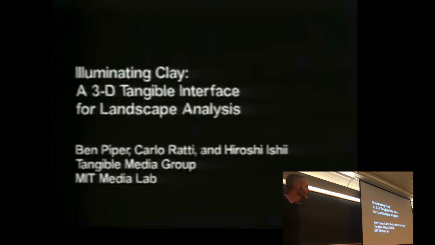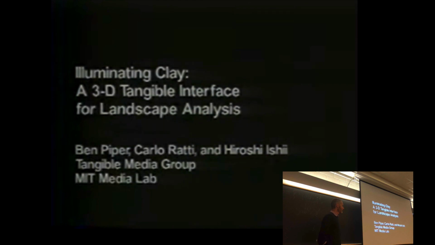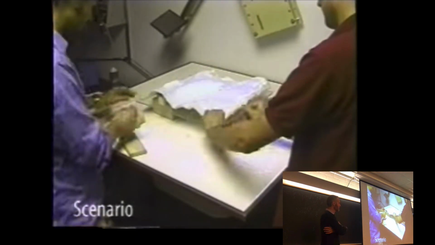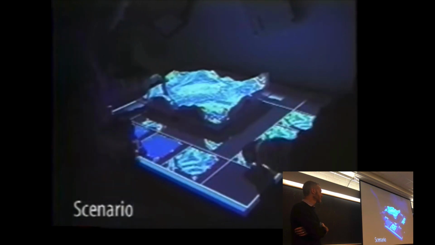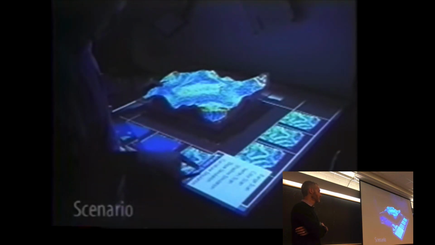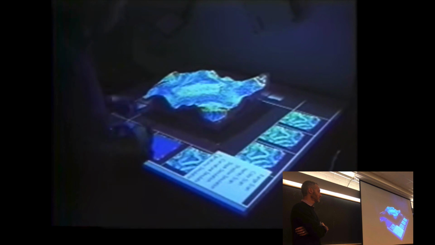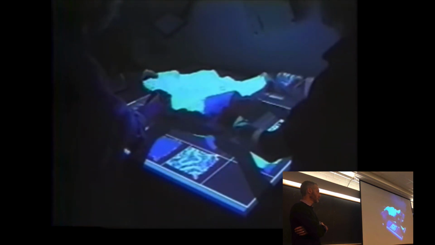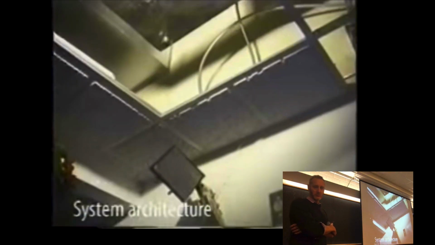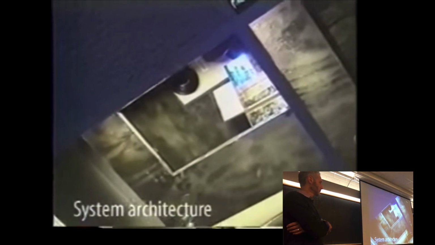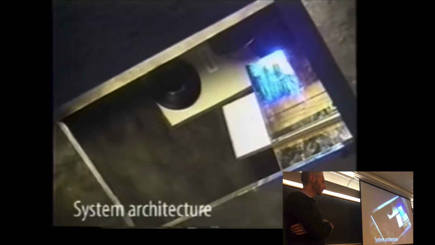Illuminating Clay allows users to simultaneously interact with both physical and computational representations of the landscape. Here we see two collaborators preparing a landscape model to be analyzed with the system. A Vivid 900 Minolta laser scanner allows the topography of the model to be captured at a rate of 1 Hz.